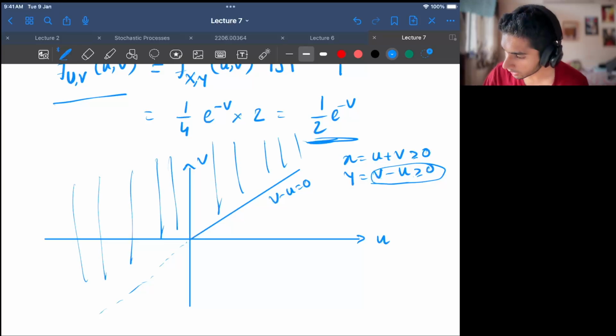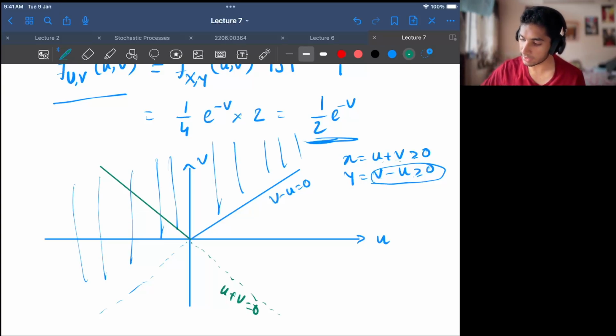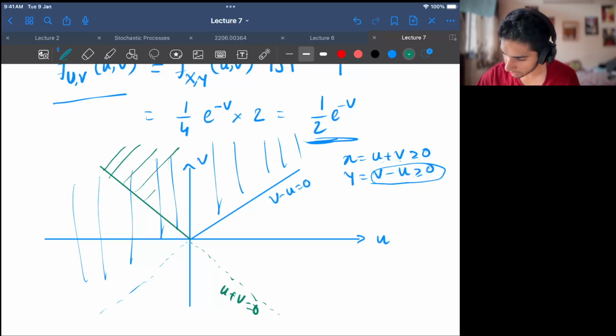Okay, let's look at the other thing, u plus v equal to 0. That line is this line, orthogonal to the previous one. We have to find u plus v greater than or equal to 0. That area is this region.